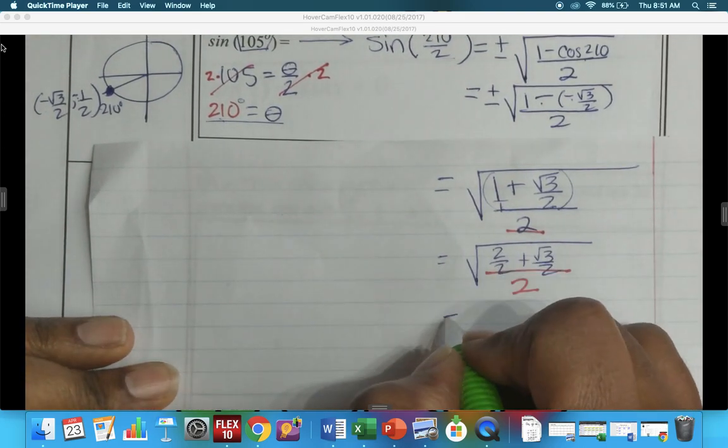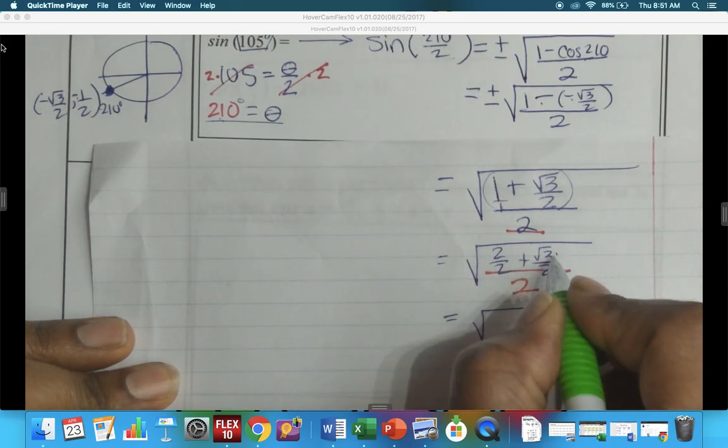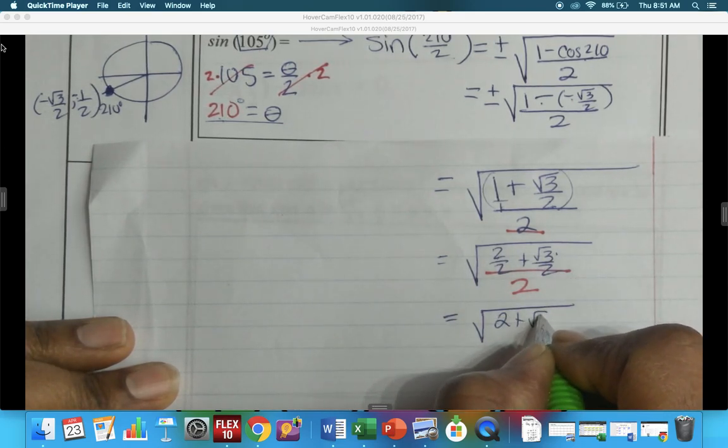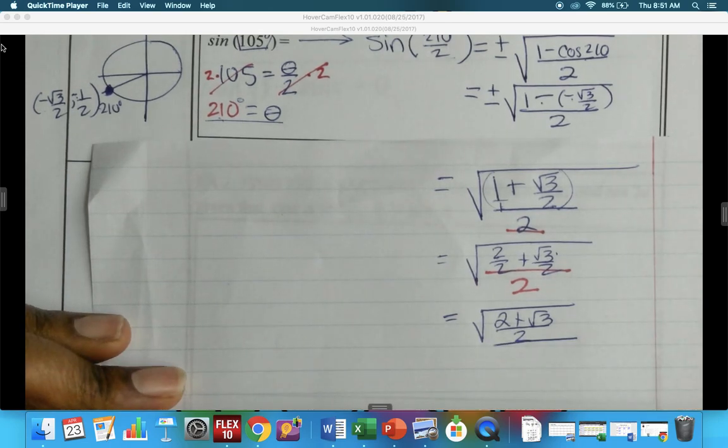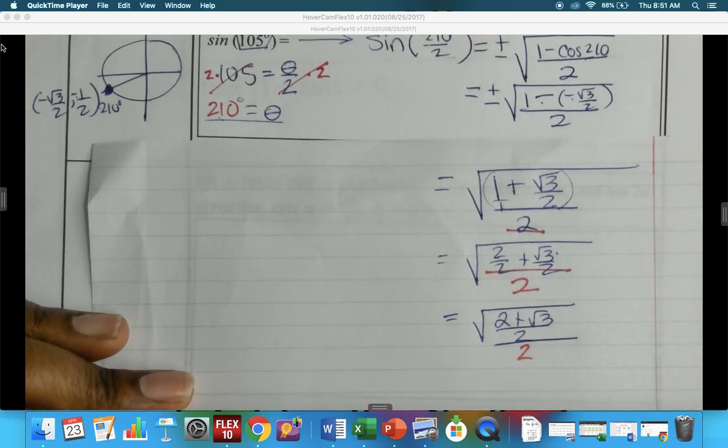Then I keep going and simplify, and I have 2 plus root 3 over 2, all of that still over 2, and all of this is under the square root.